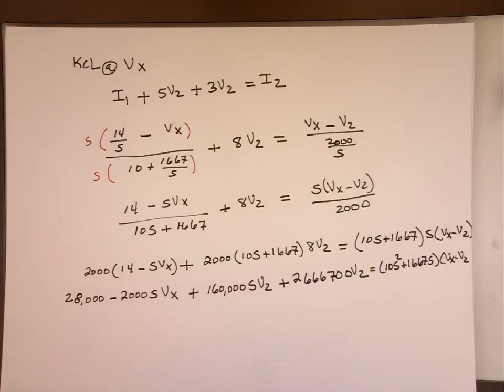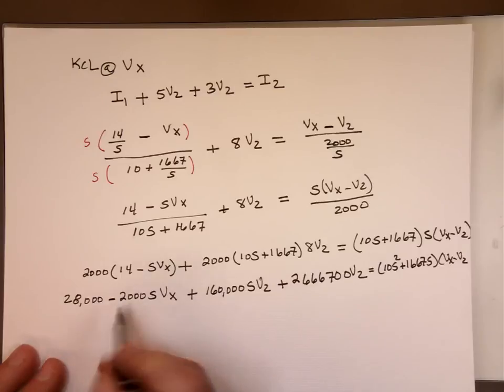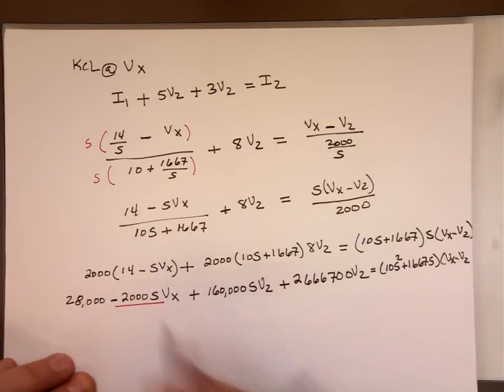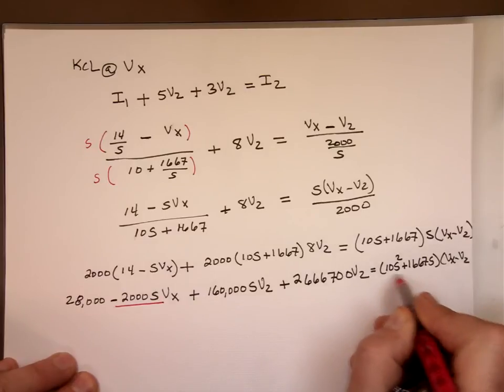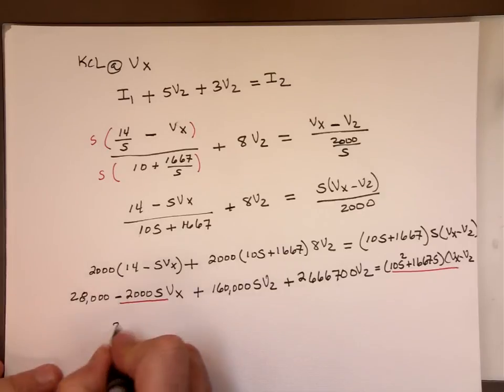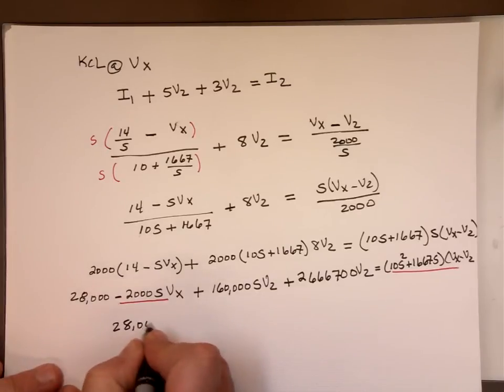Let's see if I can stay focused and try to combine them in one step. I see the Vx, see the Vx here? And I see this has the Vx, and that's it. So if I leave the 28,000 on this side, when I take that number to this side, it becomes a plus 2,000.